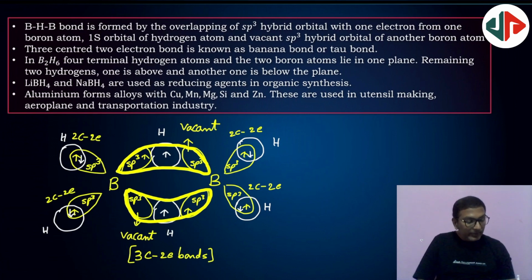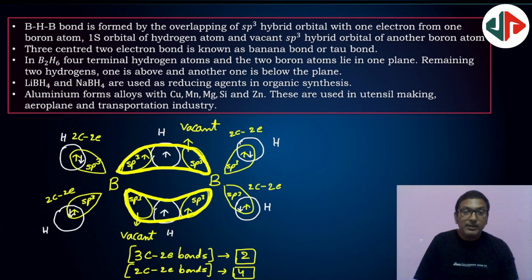Next, see here. 3-centered 2-electron bonds, 2. And 2-centered 2-electron bonds, 4 are present. Which is very important for competitive exams. 3-centered 2-electron bonds means 3 atoms sharing 2 electrons. 2-centered 2-electron bonds means 2 atoms sharing 2 electrons. Next, simply we can write like this. Boron and boron. Here 4 hydrogens.